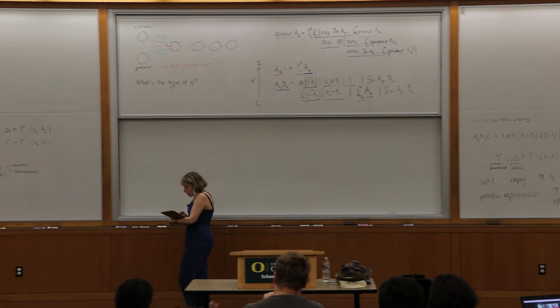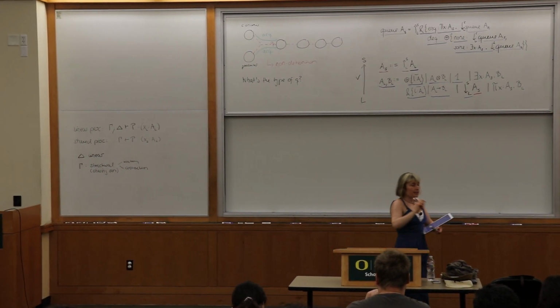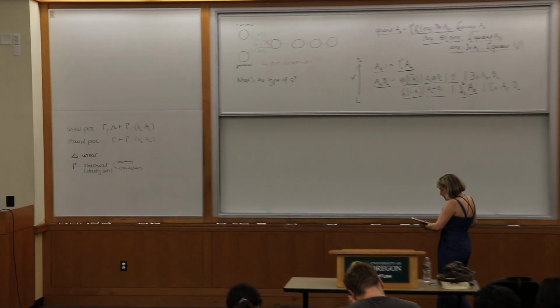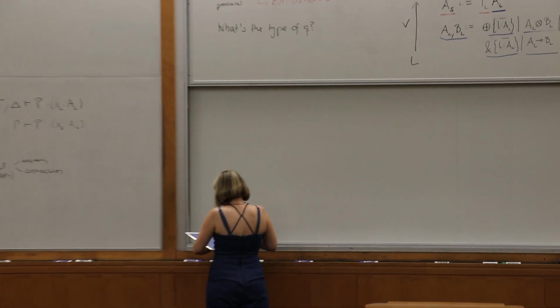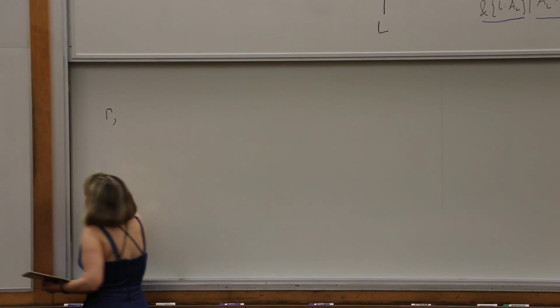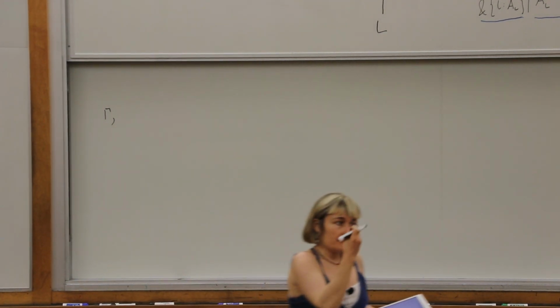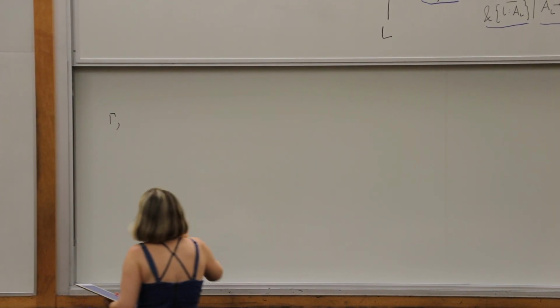All right. So now let's go with typing the acquire. Obviously, to type the acquire, we have our gamma, and because we acquire a shared process that offers along a shared channel, we must have a shared channel in our gamma.